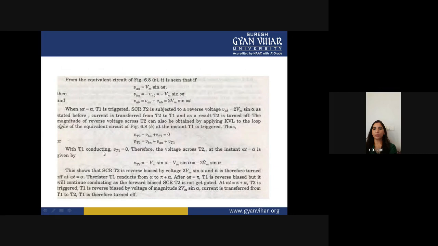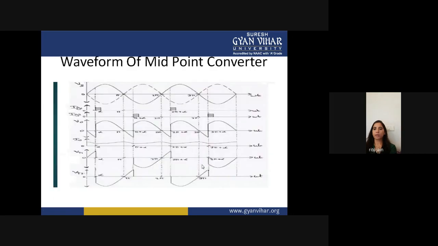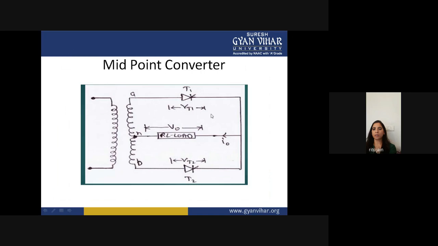With T1 conducting, VT1 is equal to 0. Therefore, the voltage across T2 at the instant omega t equal to alpha is VT2 equal to minus Vm sine alpha minus Vm sine alpha, which is equal to minus 2 Vm sine alpha. So you can see that when thyristor T1 is conducting, the double voltage, which is negative, appears across this SCR, equal to minus 2 Vm sine alpha.